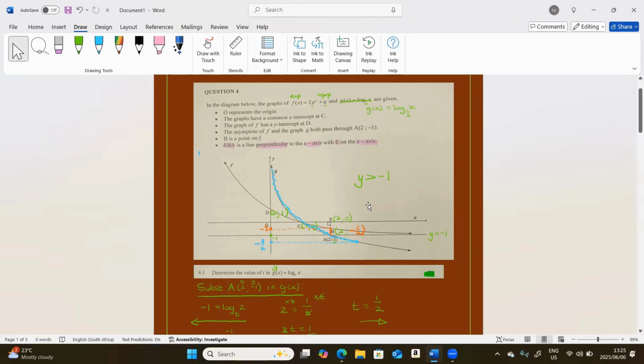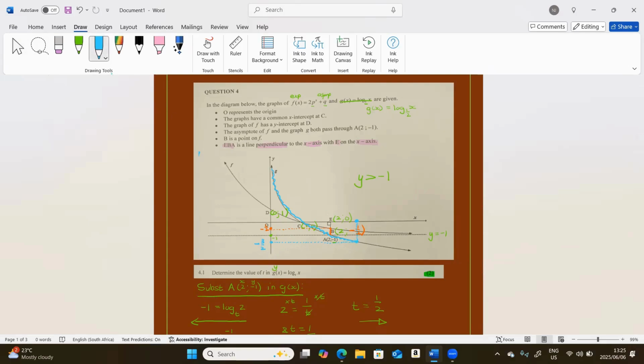And for us to be able to do that, we also need to get the x value when we are at this specific point. So we need to get that x value over there, okay? And to do that, we need to substitute negative 3 over 2 into my log function.